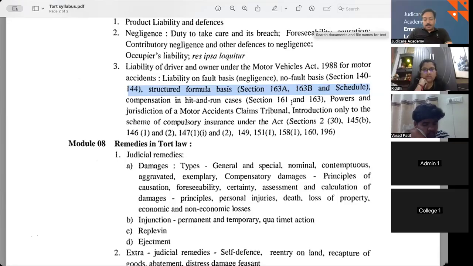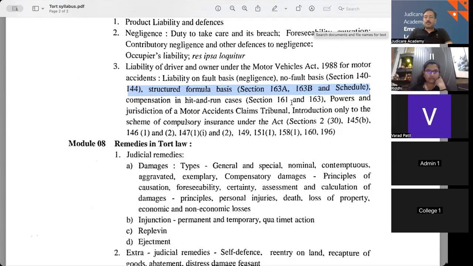For the purpose of this subsection, permanent disability will have the same meaning as in the Workmen's Compensation Act. We spoke about permanent disability in the last class: either one eye, both eyes, one ear, both ears, or the limbs are gone permanently.